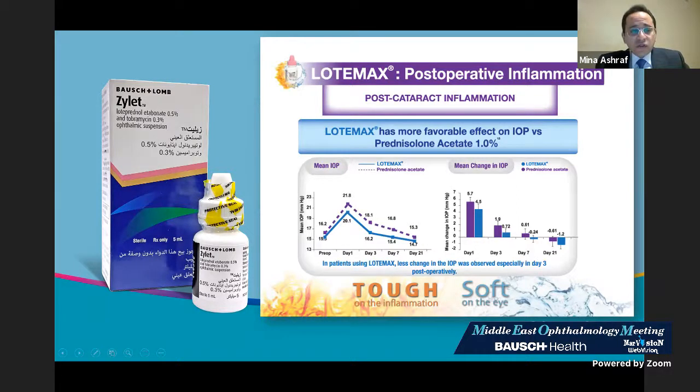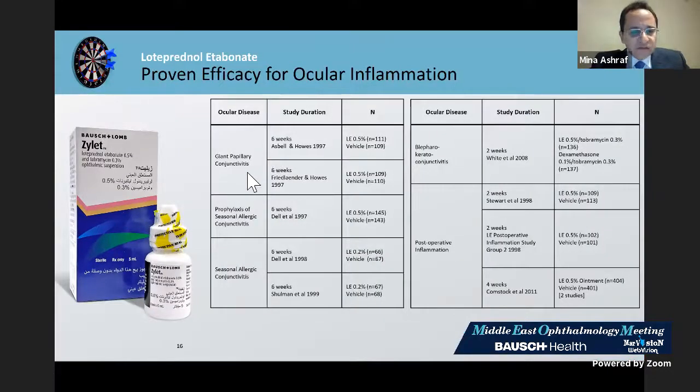And loteprednol etabonate has proven efficacy for ocular inflammation in a variety of conditions, including but not limited to giant papillary conjunctivitis, prophylaxis of seasonal allergic conjunctivitis, vernal keratoconjunctivitis, and postoperative inflammation.